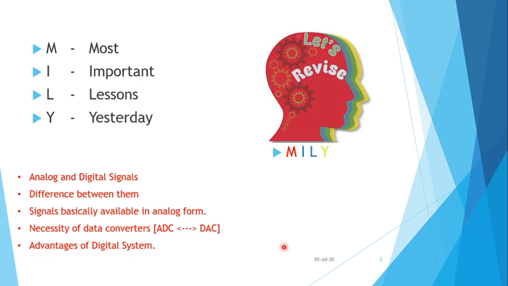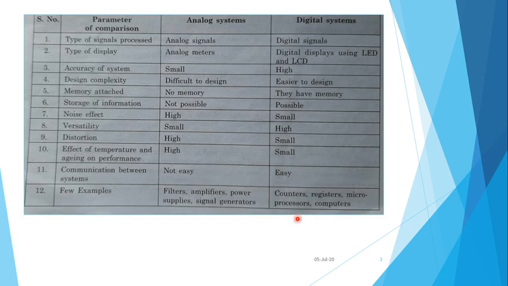This is a short comparison of analog and digital systems with a few parameters given here, like type of signal processed: analog signal, digital signal. Type of display for analog systems are analog meters.